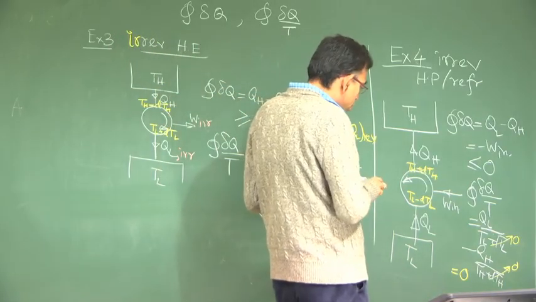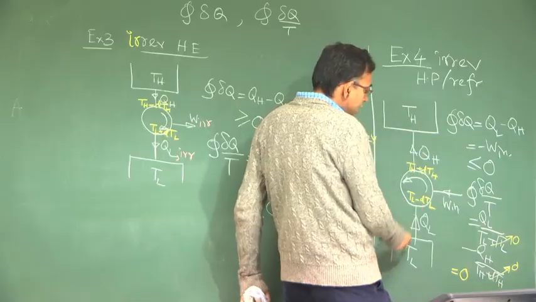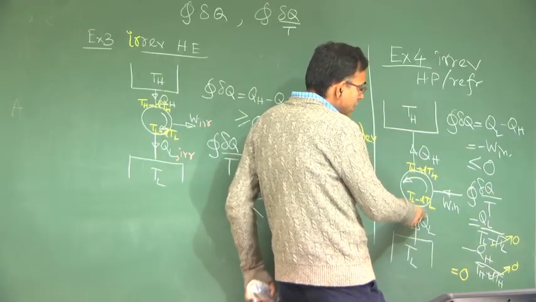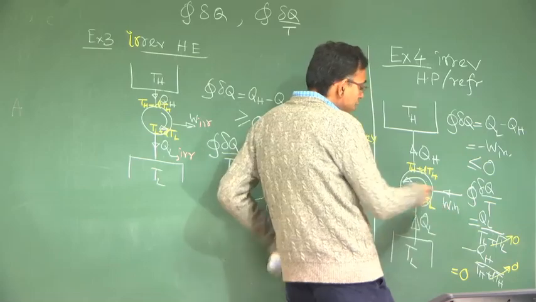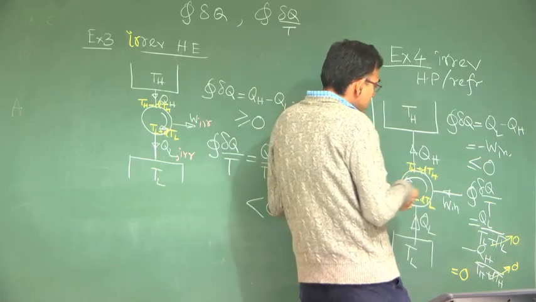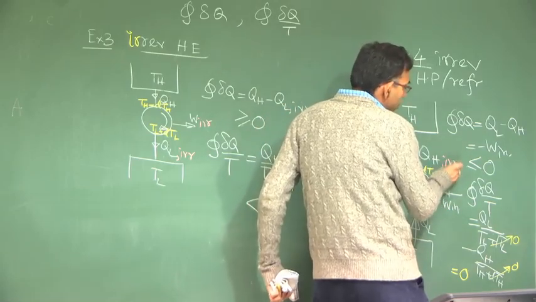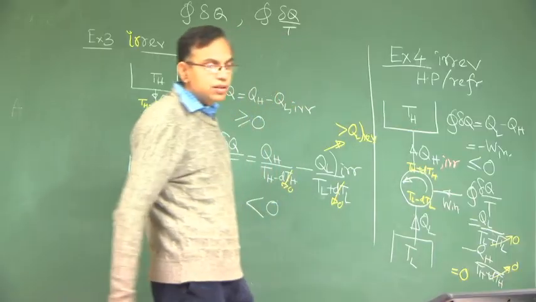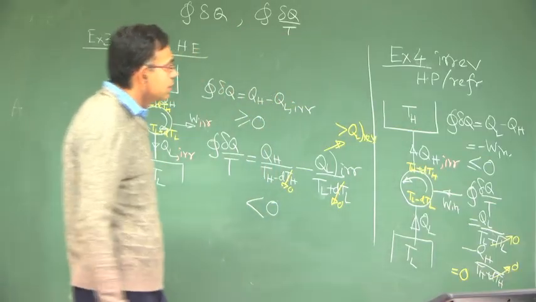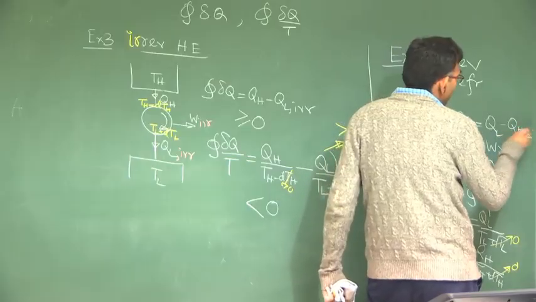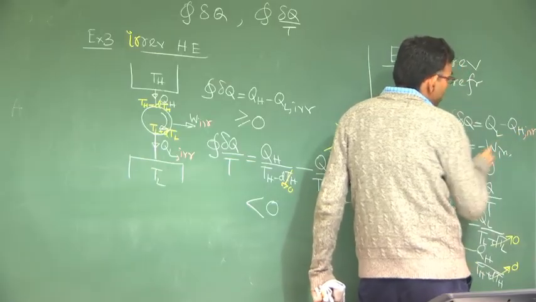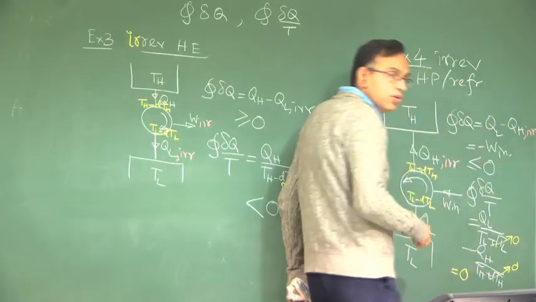So here what we do is that we fix TH, TL and QL, but because of different work input necessary for reversible and irreversible, this QH will now become QH irreversible, which is different from QH reversible. So cyclic integral of del Q, which is QL minus QH irreversible, is equal to minus W in.